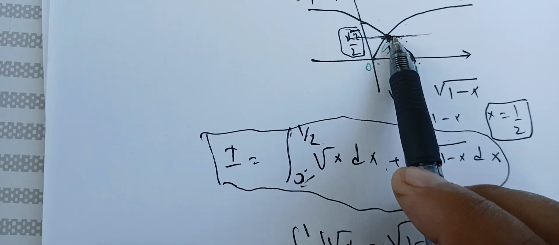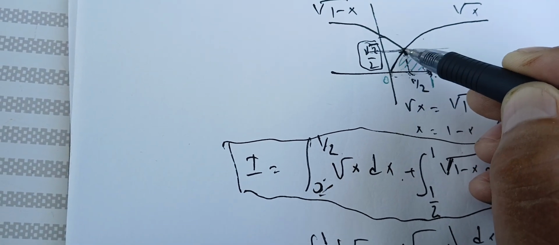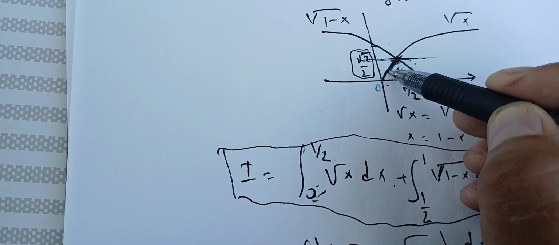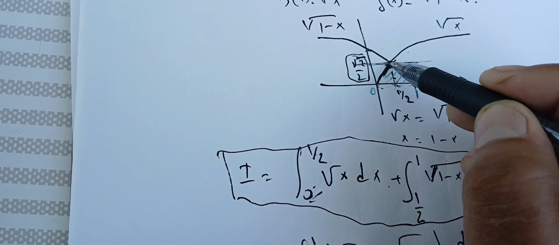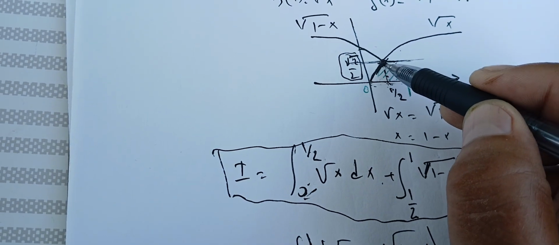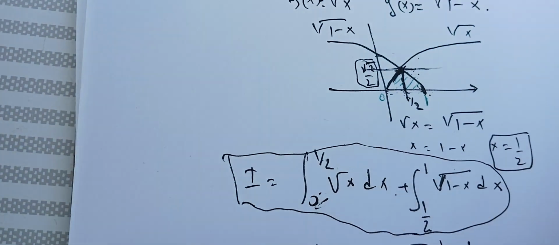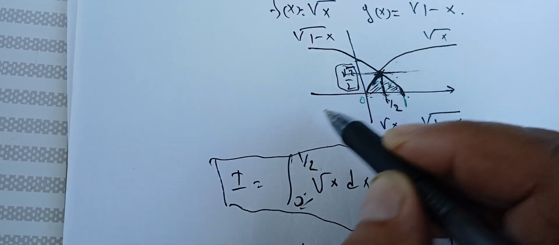So the key idea is that between 0 and 1/2 the square root of x is the function on top. Between 1/2 and 1 the function on top is the square root of 1 minus x, and the areas are added. So this is my first area, this is my second area.